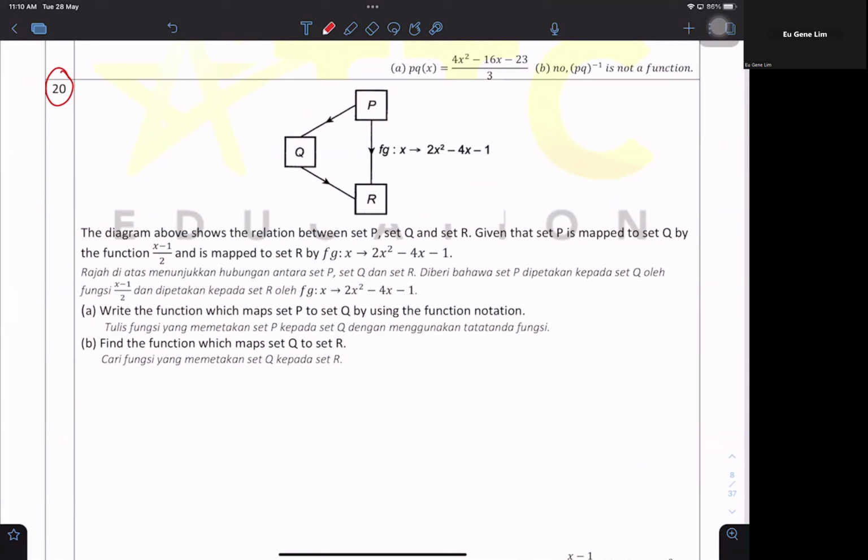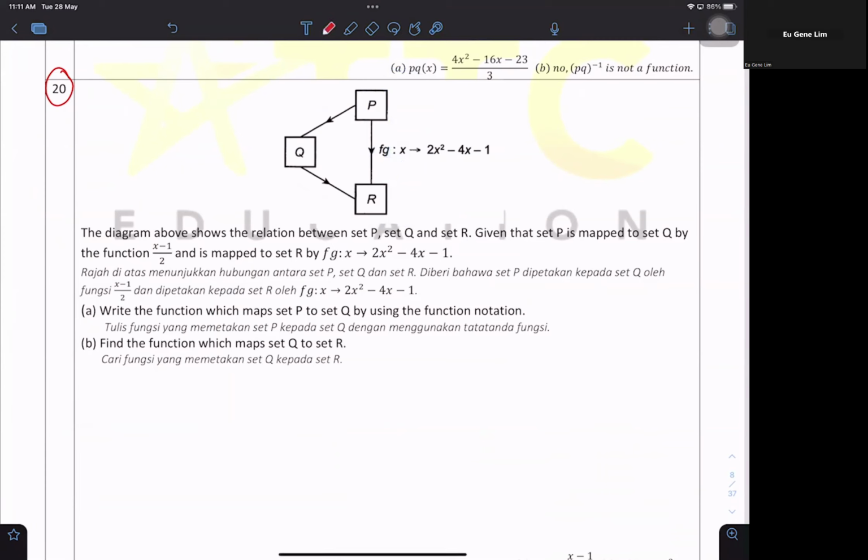The diagram above shows the relation between P, Q, R. Set P, set Q, and set R. Now you see, P goes to Q, and then Q goes to R. And then here is P goes to R. You look at the picture, you must understand. This relationship is FG, right?